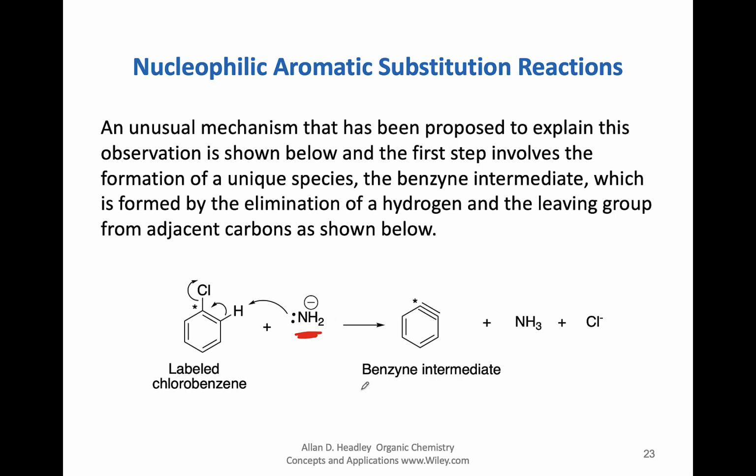As you can imagine, that's highly unusual, because a triple bond here, the bond angle would be 180 degrees because it's linear, but here the bond angle is not 180. So it has a unique name. We call that the benzyne intermediate. Very unstable, but it's used to explain the experimental observation.